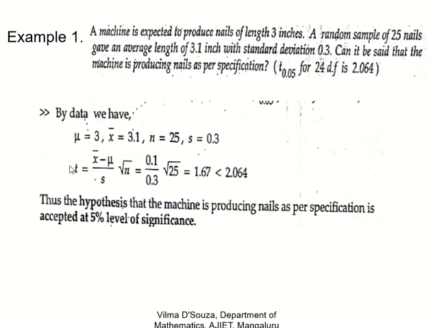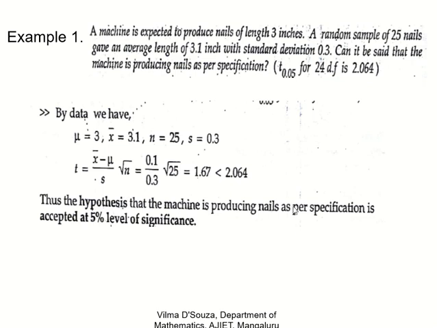So your calculated value of t is 1.67, but what is t of 0.05 for 24 df? 2.064. Your calculated value of t is less than your table value of t. So what can you say?